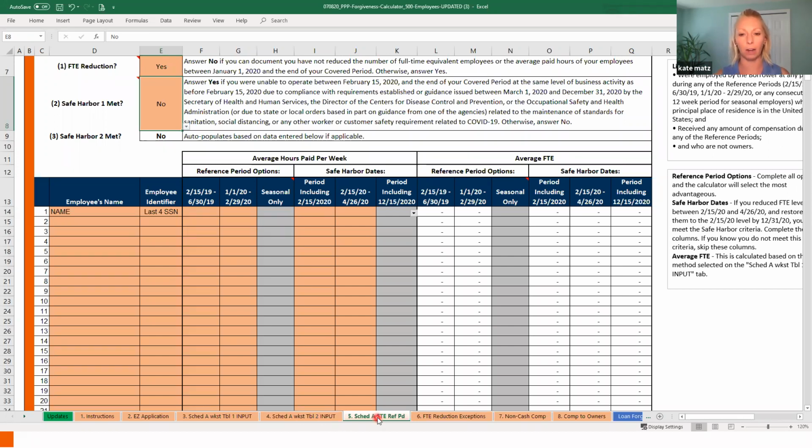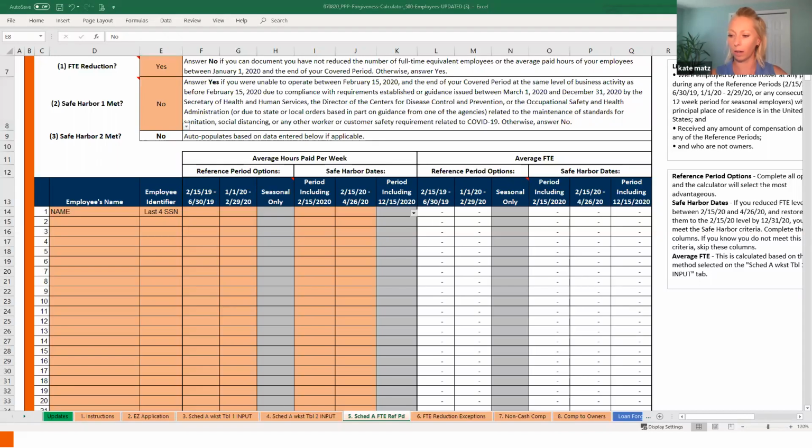On tab 5, this is our employees that were on the payroll during our reference period. Now, sure, there should be, probably in most cases, a lot of overlap, but since it's not a one-for-one, they're not really populating over here. It's very possible that we could have some employees during our covered period that were not on the payroll during our reference period and vice versa.